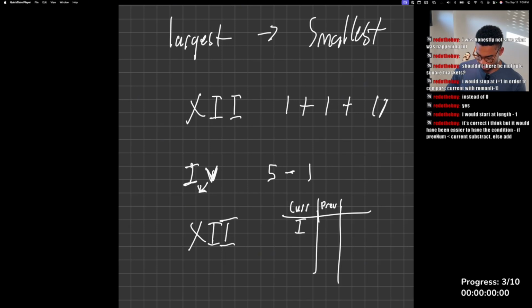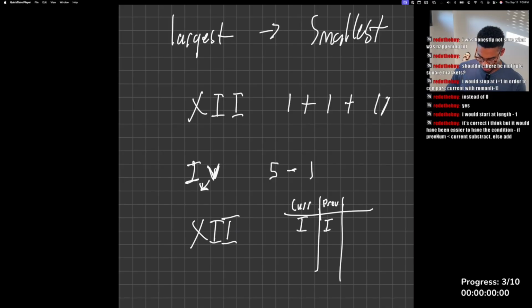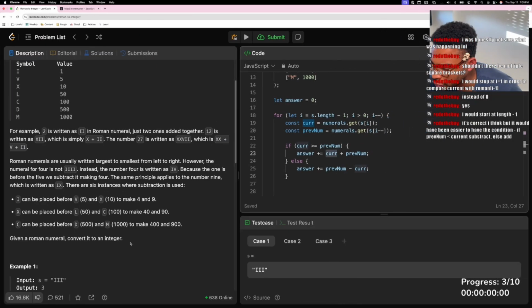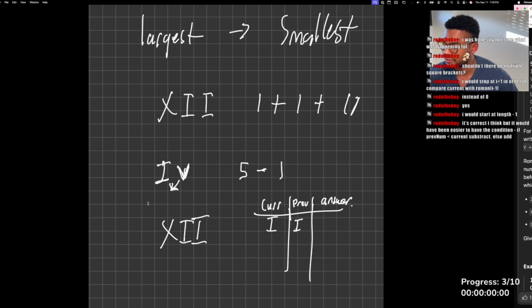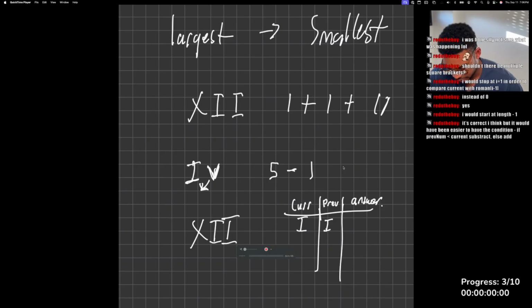And then the previous is this, and then this is the current answer. One thing to note though, by the way, is it's only two digits really every time it's minusing. Okay, cool. So previous answer.